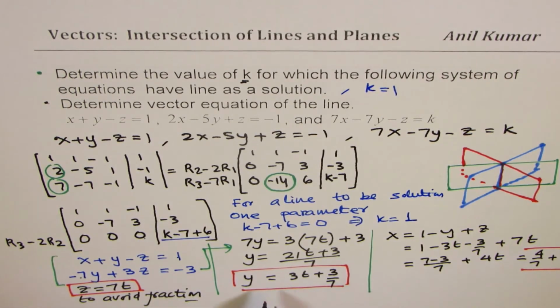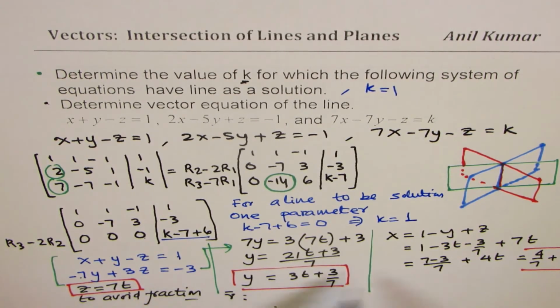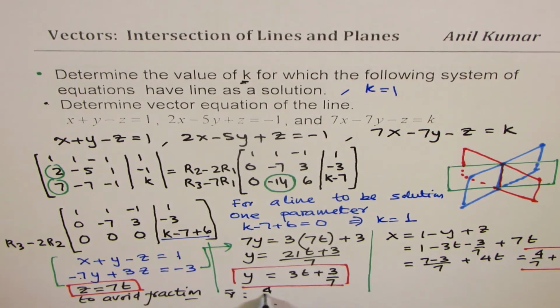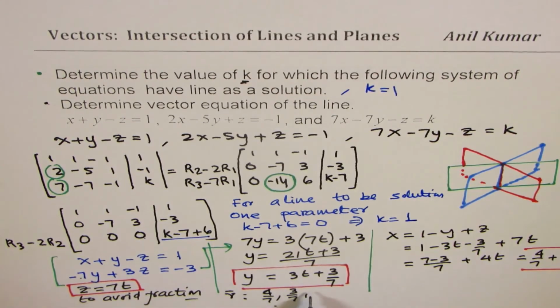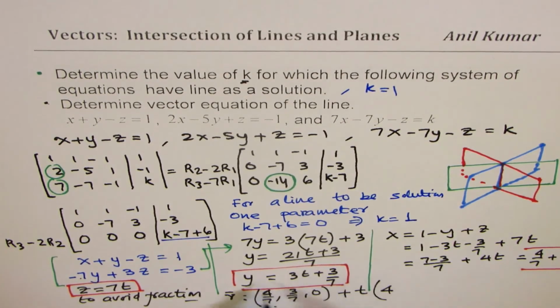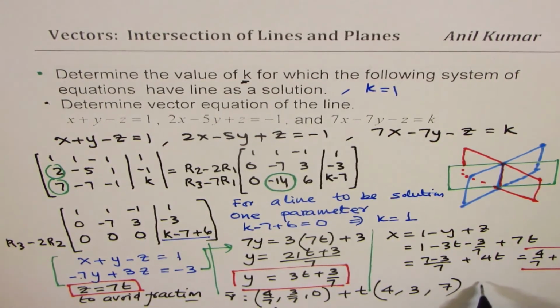From these values, you can write down the vector equation as r equals, the point is x is 4 over 7, y is 3 over 7, z is 0, plus t times the direction: x parameter is 4, y is 3, and z is 7. So that becomes the equation of the line.